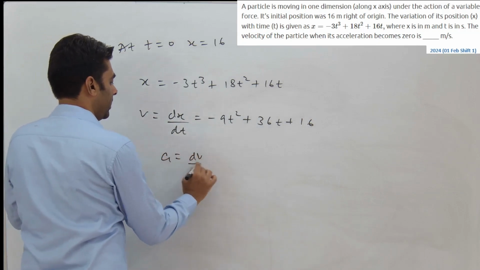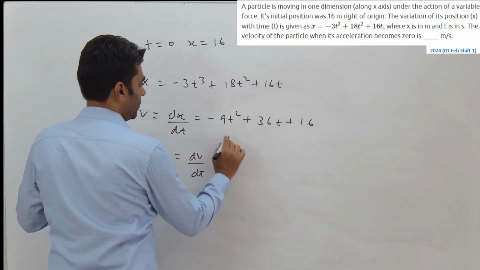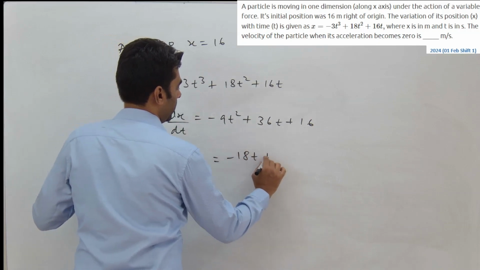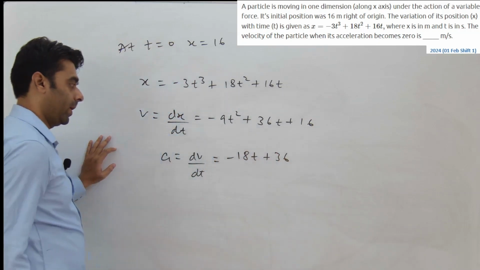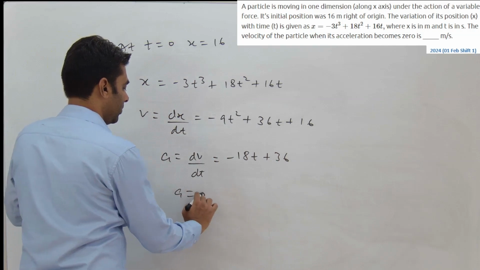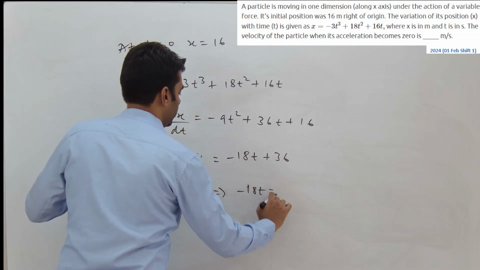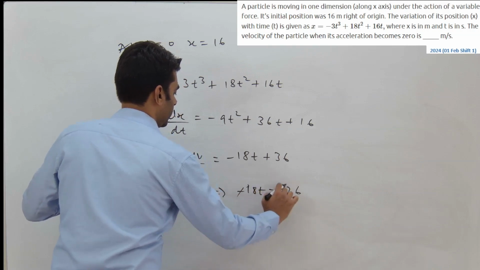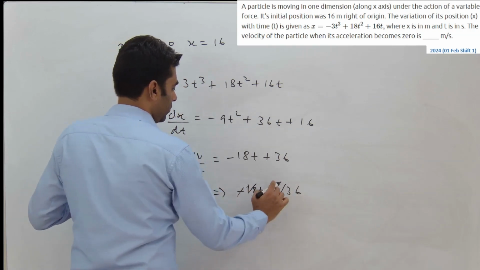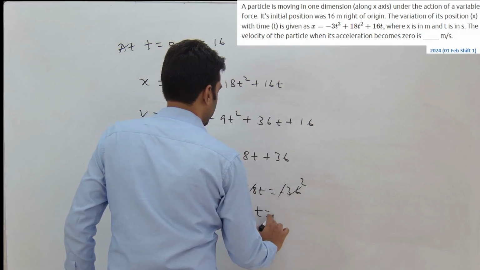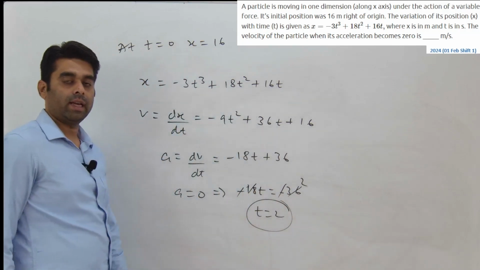Acceleration is what? dv by dt. How much are we getting? Minus 18t plus 36. So acceleration 0 implies minus 18t equals minus 36, which implies t is 2. So at t equals 2 seconds, your acceleration is becoming 0.